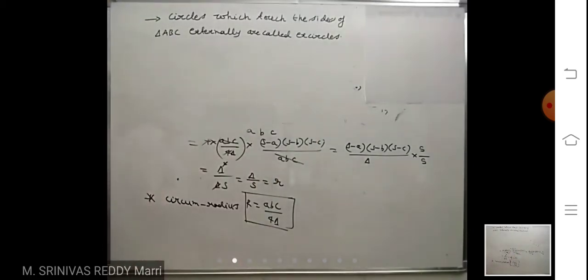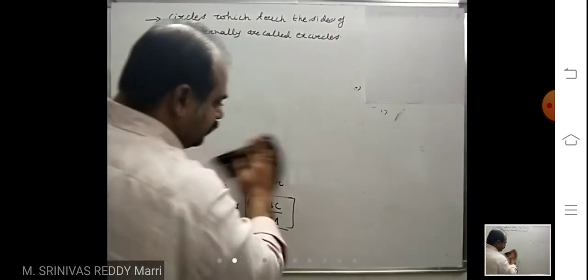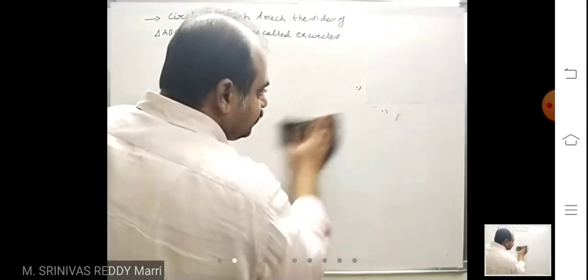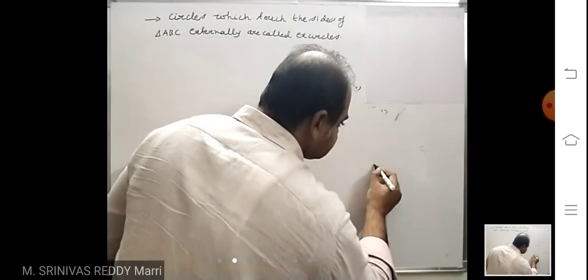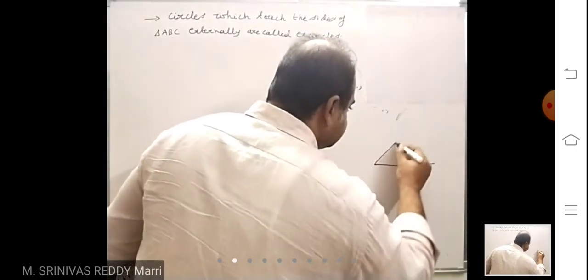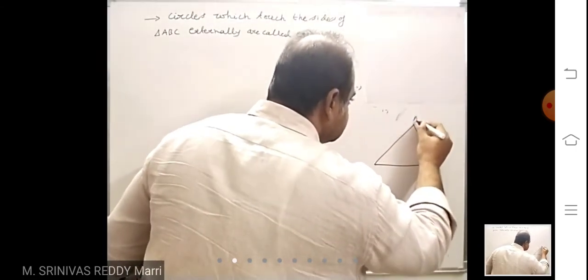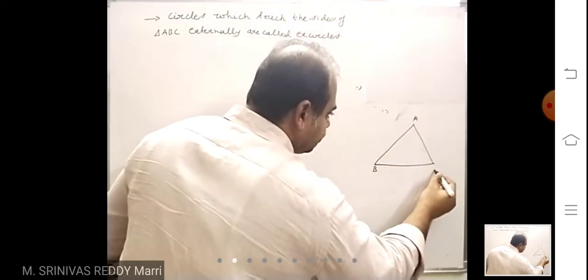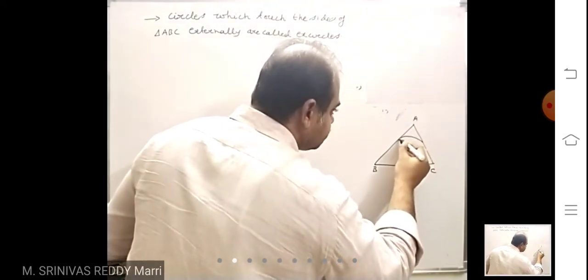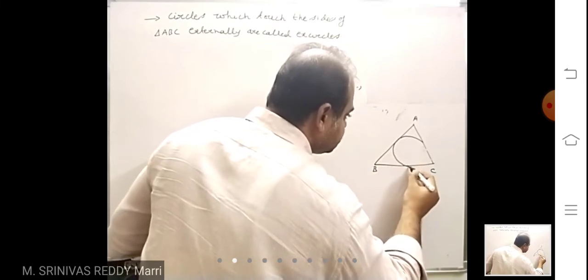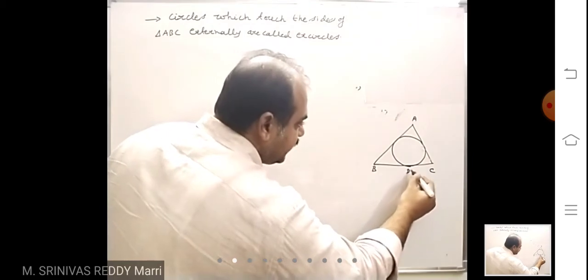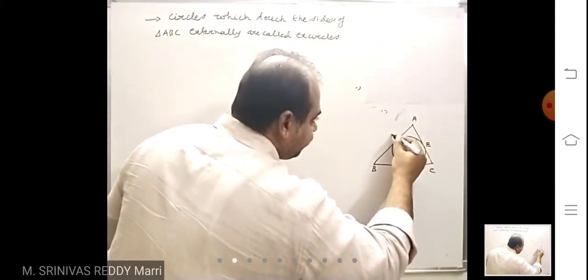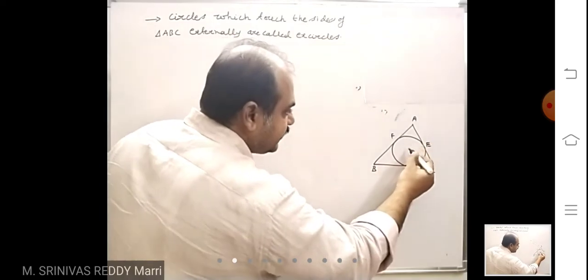Look at, we will discuss this one. Here we have seen the incircle in the previous case. In the previous case, the incircle means this is the one, which touches all the sides, touching the sides at D, E, F. This is called incircle.